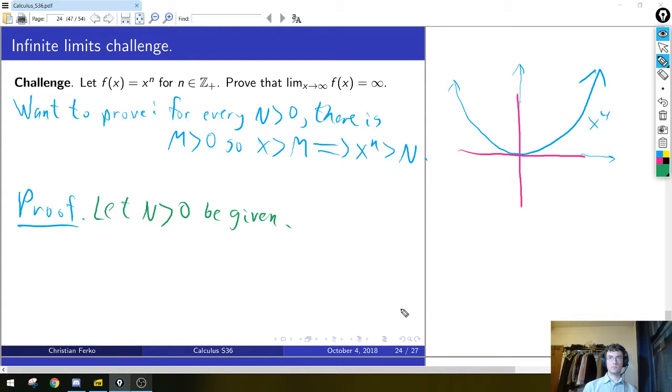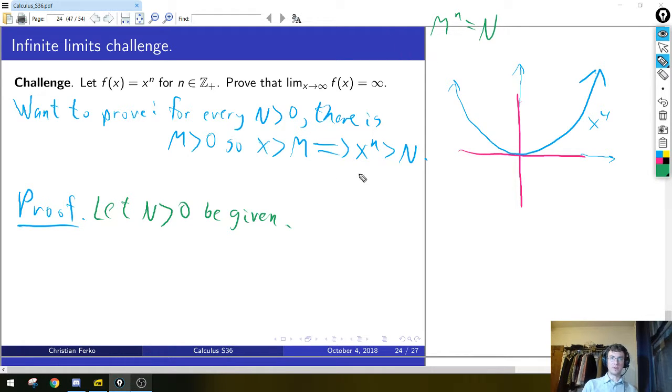For whatever reason, I'm thinking along the lines of kind of working backwards and like m to the n equals capital N, and then solving for m. Ah, okay, yeah.